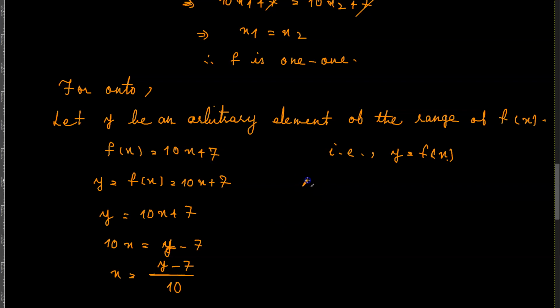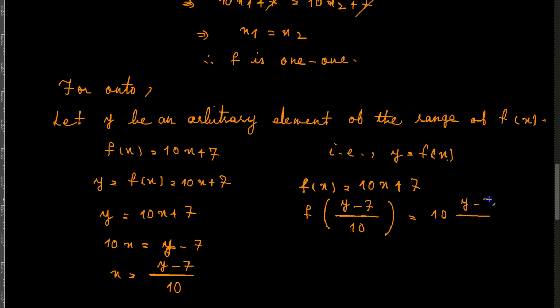So since f of x is equal to 10x plus 7, then instead of x you can write f of y minus 7 divided by 10. That is equal to 10 times y minus 7 divided by 10, and add 7 to that.